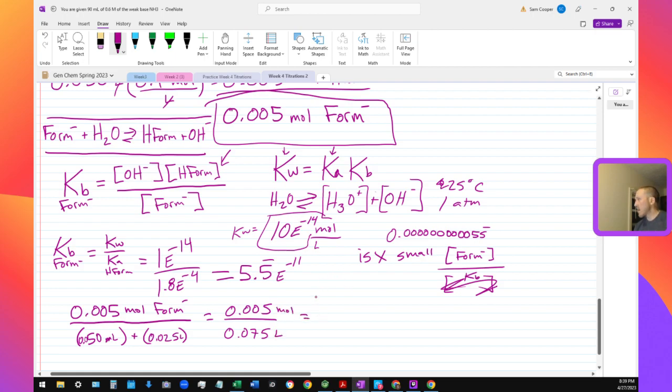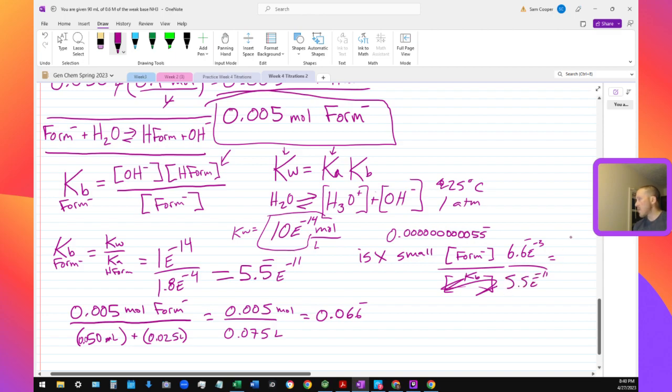And you divide that out and you get 6s forever. So we have basically right here, 6 times 10 to the minus 3 forever, over 5.5 times 10 to the minus 11.